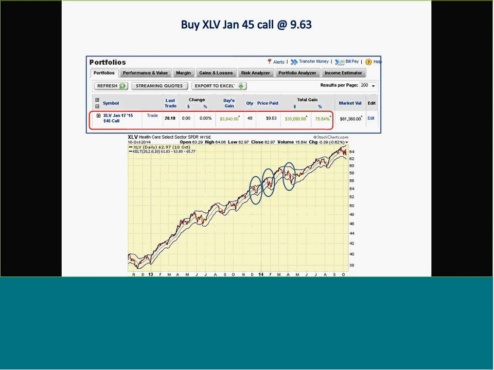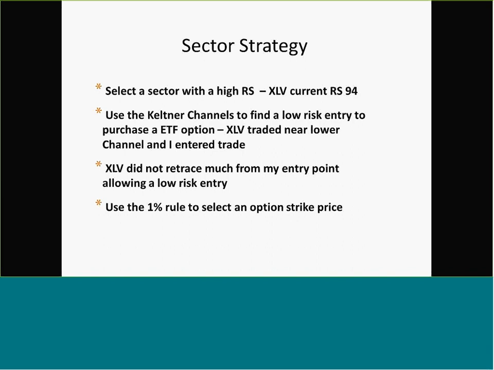Just going over the trade selection here for XLV, it has a high relative strength, current relative strength of 94. I use the Keltner channels to find a low-risk entry point. And when the XLV was trading near the lower channel, I entered the trades, the various trades, the increments.